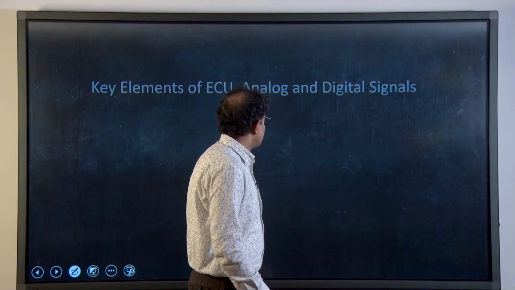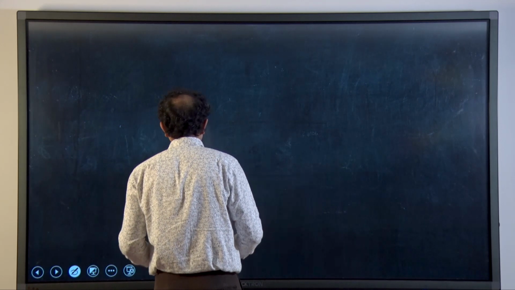So, if we now look at, rather we shall try to draw, key elements of electronic control unit.